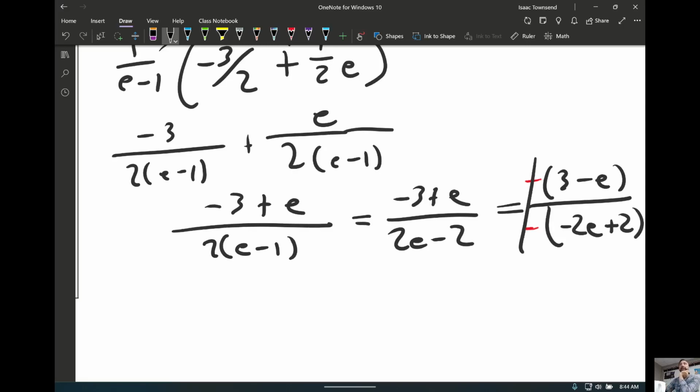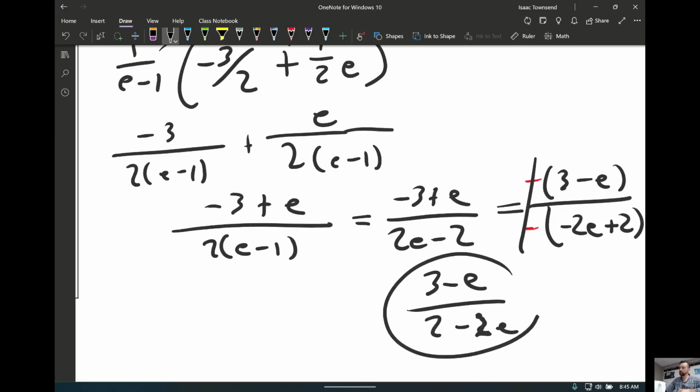And then you can let the negatives cancel, and that basically switches the signs of the stuff inside. So 3 over e over a 2 minus a 2e was one of the choices.